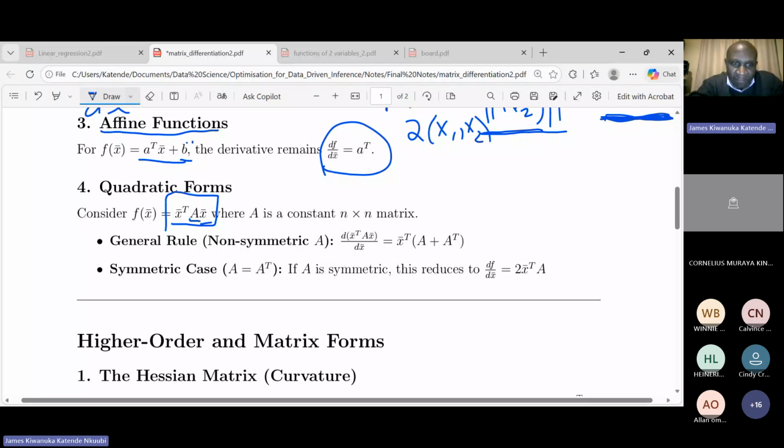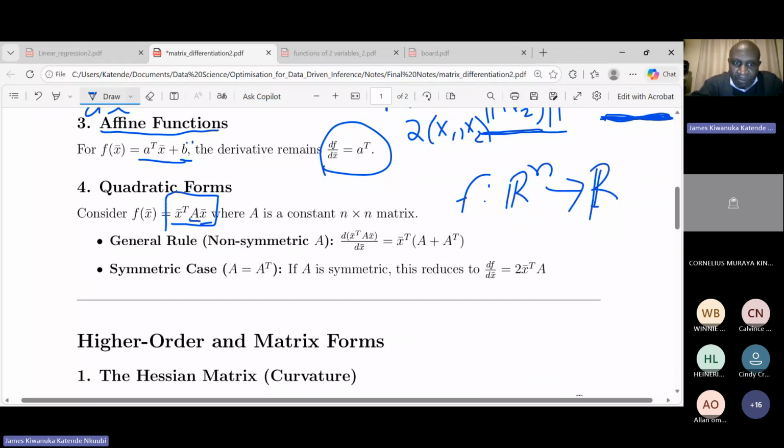So you have a transpose on the left, the square matrix in between, and the same vector repeated on the right, but now not as a transpose. So again, this is just a number. When you work this out, you'll get one number. So this again is simply a function from Rn to R.